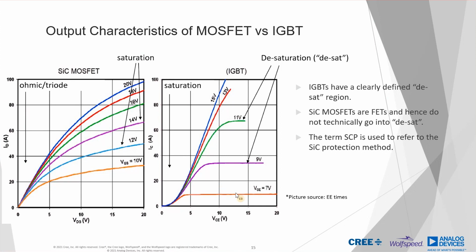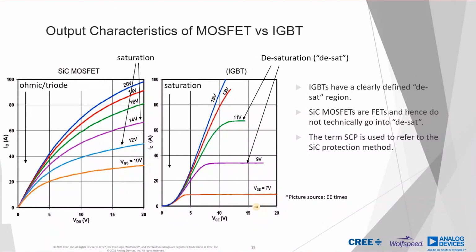So IGBTs have a defined active region, where they have a nice defined current limiting characteristic that's easily distinguished from their saturation region. So it's easy to determine when the switch leaves the saturation region because the collector emitter voltage is going to greatly increase.